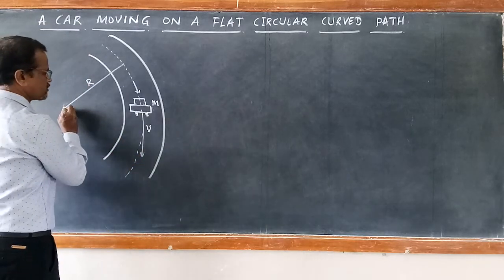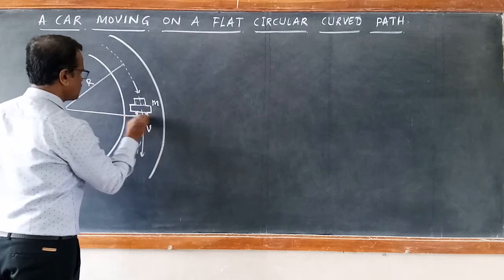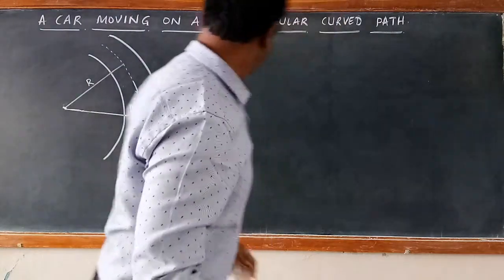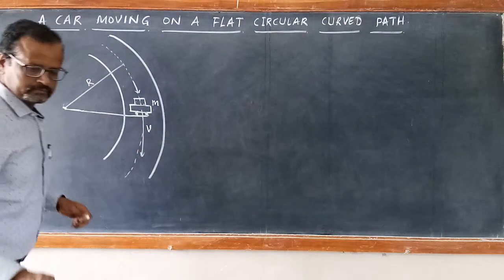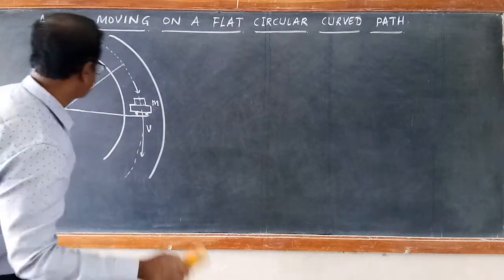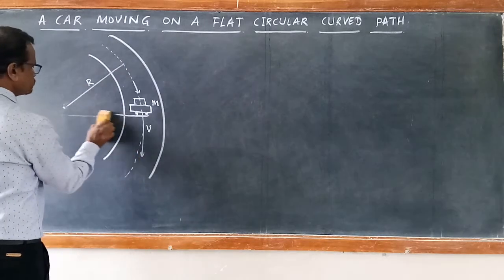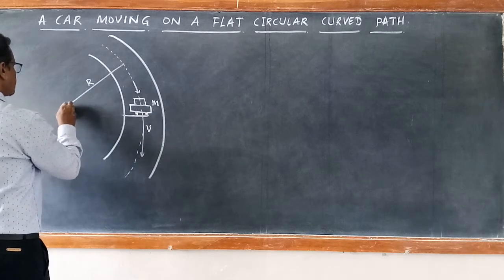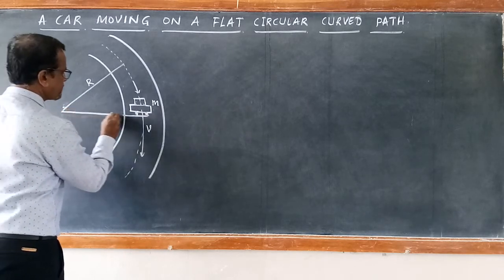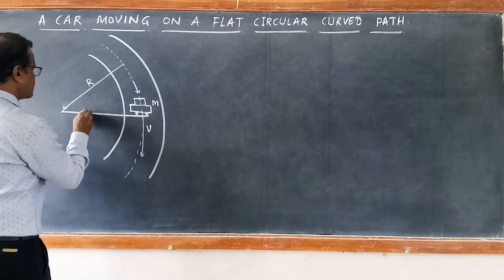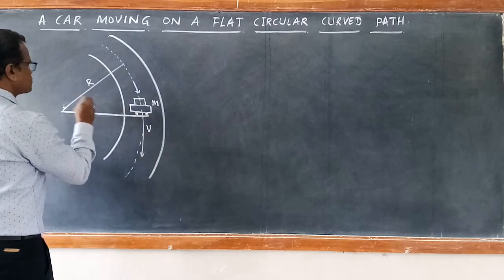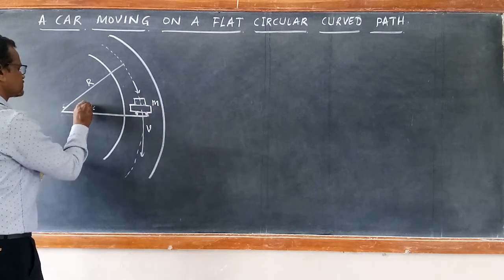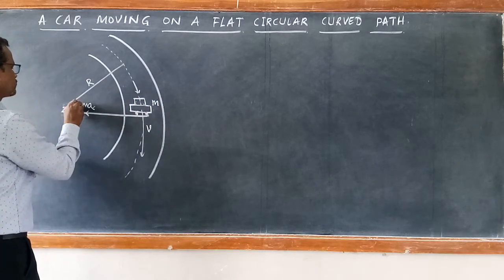If you draw a straight line towards the center, this will be the direction of centripetal acceleration, and mass multiplied by centripetal acceleration gives us centripetal force.